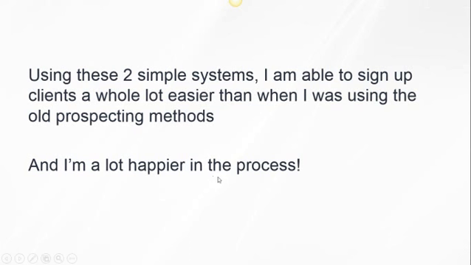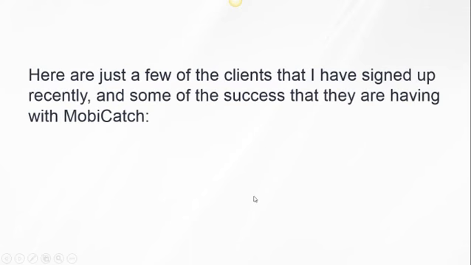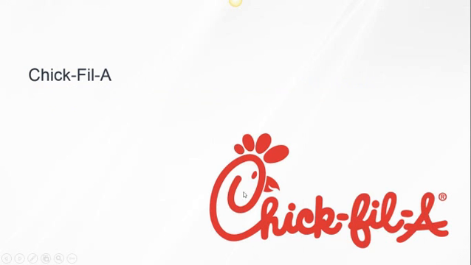I told you guys that I want to build a lifestyle business. I told you that I'm in this to spend time with my family and my friends and to have freedom. So those are two prospecting methods that I use in order to make that happen, right? So here are just a few of the clients that I've signed up recently and some of the successes that they are having with MobiCatch, okay? So here's Chick-fil-A.